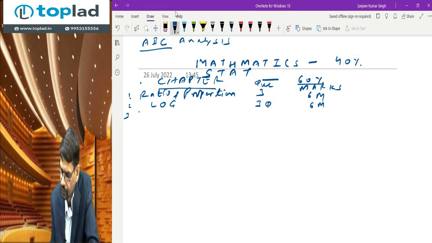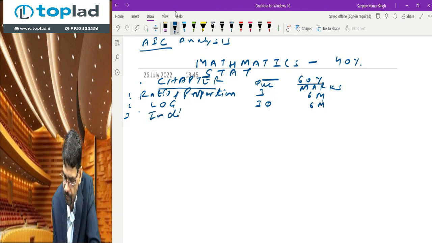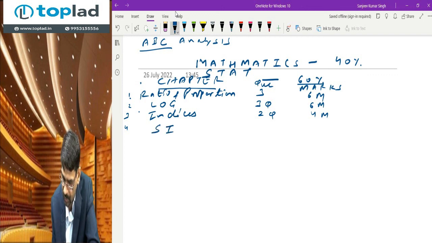Third one is indices. From this chapter, our institute asked around 2 questions, 4 marks. And then simple interest. From simple interest, our institute asked around 2 questions, 4 marks.